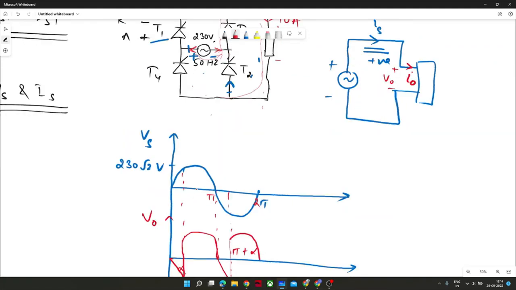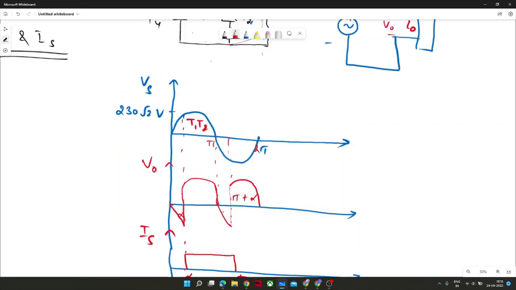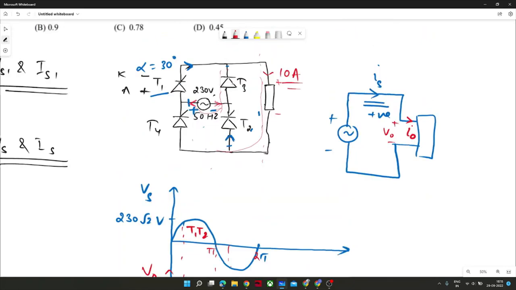And when T1 and T2 were conducting, IS will be equal to I naught, right? From alpha to pi plus alpha, where alpha is 30 degrees as given in the problem.